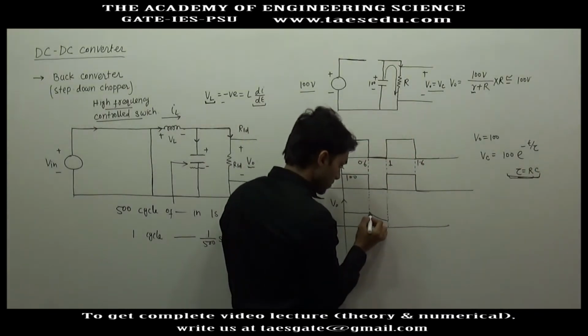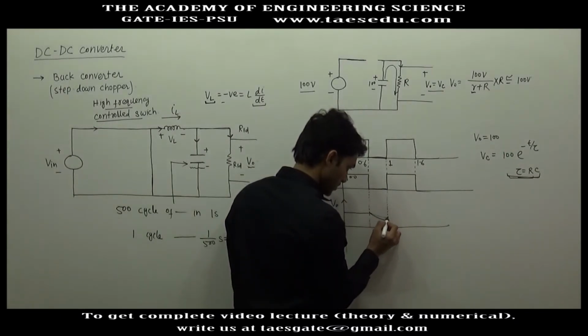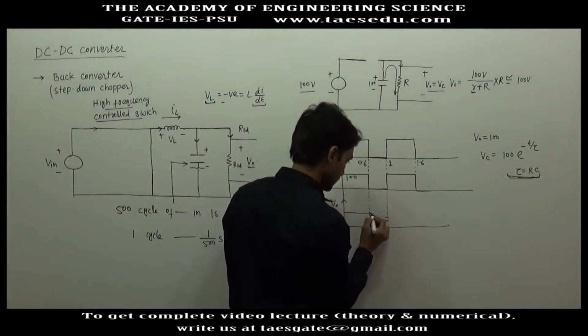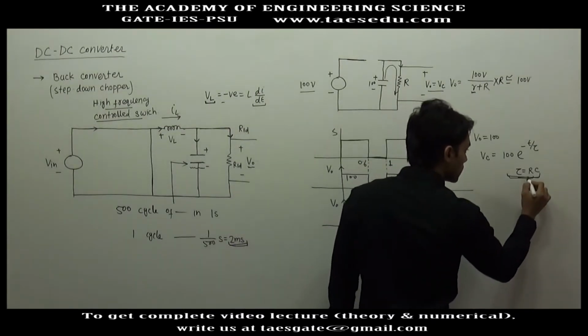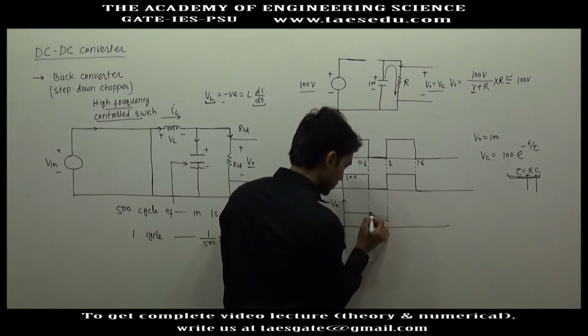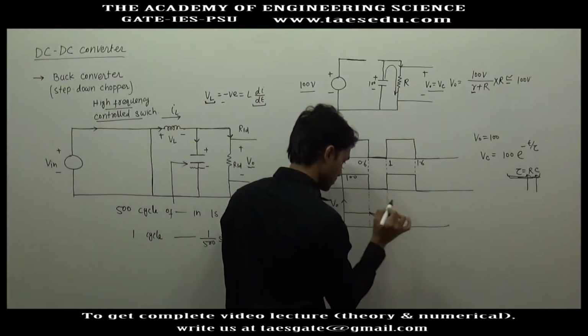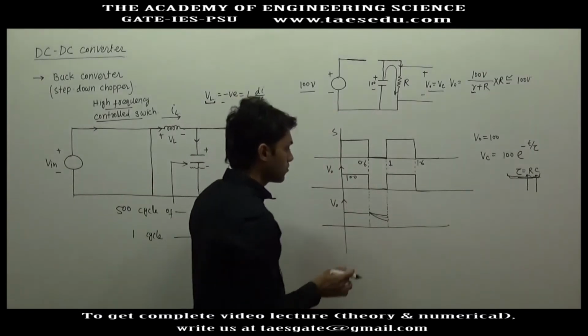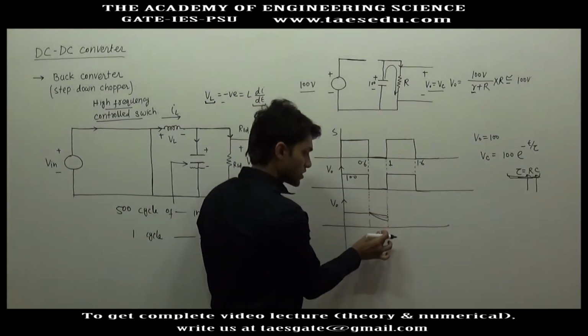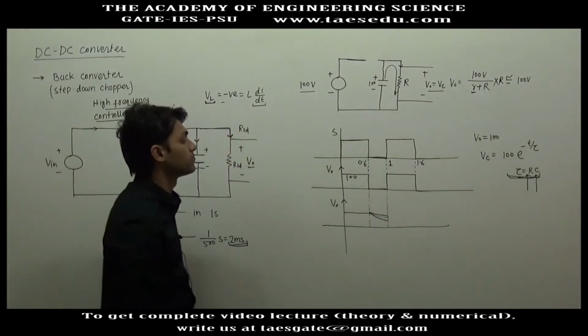The decrease, or decay, in the capacitor voltage will be slow. The transient will decay slowly. If you further increase the value of resistance or capacitance, the decrease in the capacitor voltage will be even slower. So in this duration, how much the capacitor voltage will decrease depends upon the time constant.